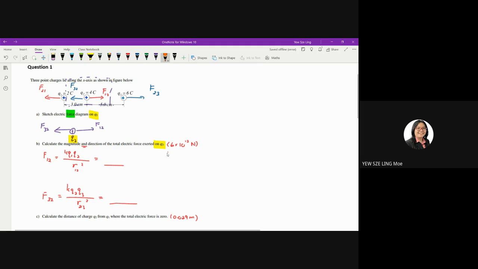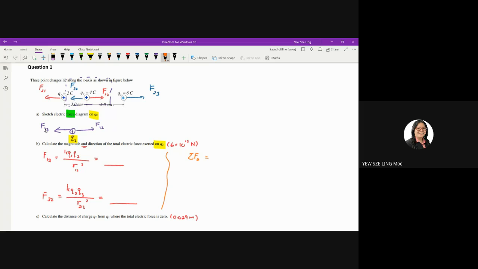Okay, now let us look at the diagram again. If you look at the diagram in question A, both vectors are lying on the same plane, on the same axis, which means you don't have to do resolving vectors in this case. What you have to do is take into consideration their directions in your solution. Since I want to calculate the force exerted on Q2, the summation of F2 is equal to, according to my diagram, F32 going to the left-hand side.